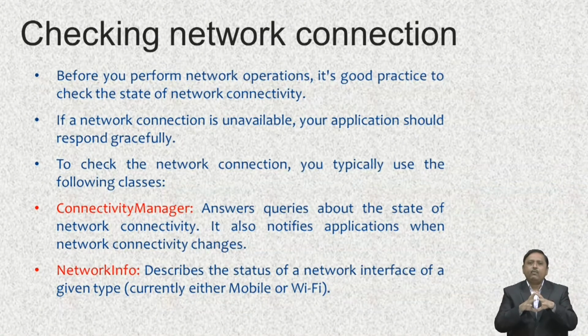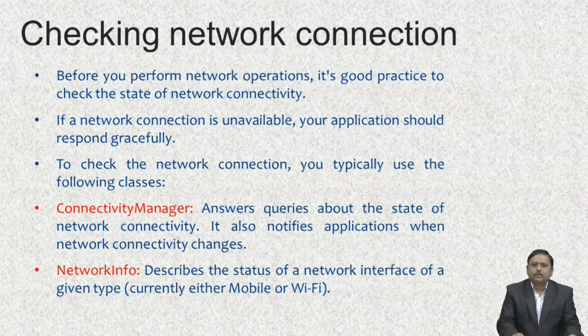Then we have the second class, that is NetworkInfo. It describes the status of a network interface at a given time, whether it is mobile or Wi-Fi, etc. So these are the classes that we are going to use to check network connection.